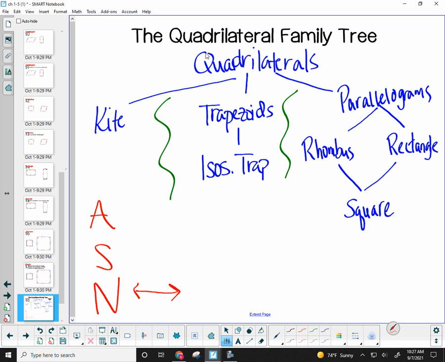Sometimes we can be more specific and travel down the family tree. Sometimes a trapezoid is an isosceles trapezoid, but not always. Right? Sometimes a quadrilateral is a rhombus, but not always. But can I always be less specific? Yes. So I can always go up the family tree and be less specific.